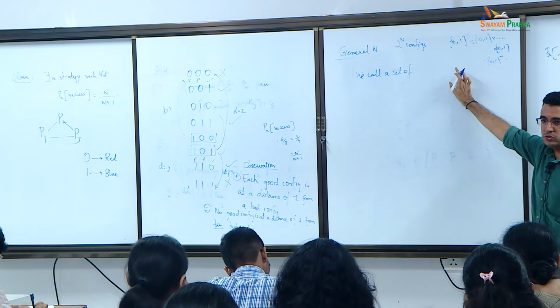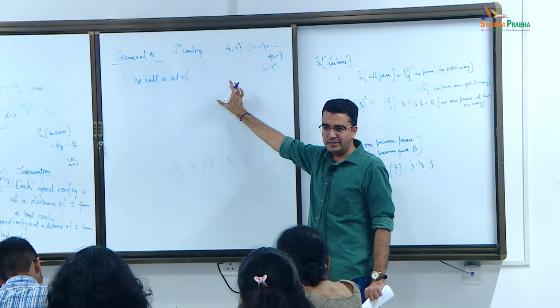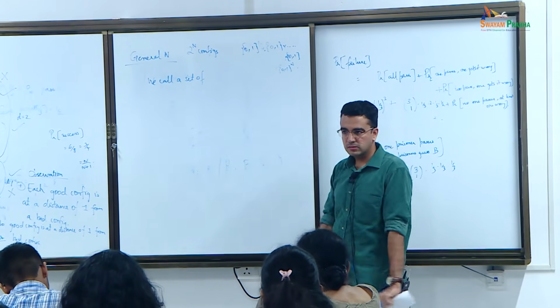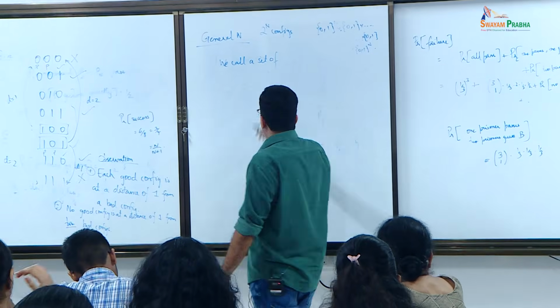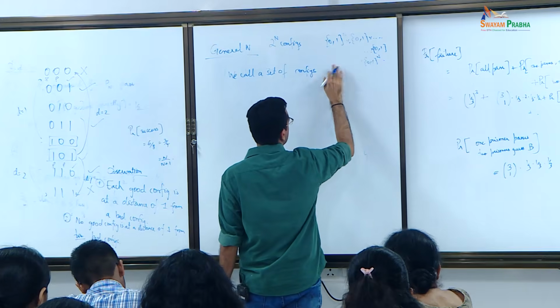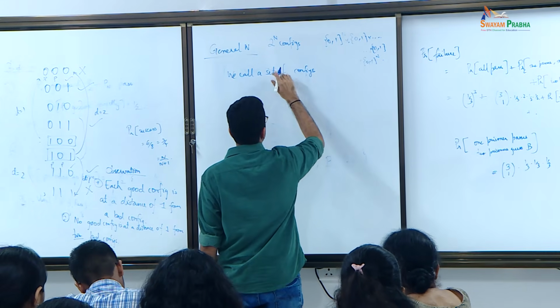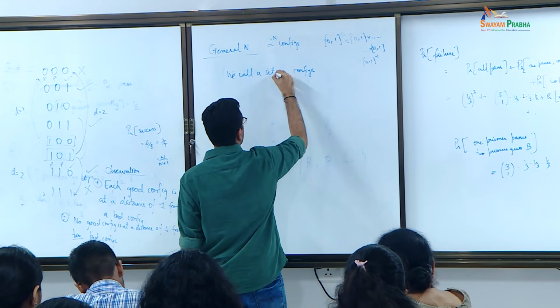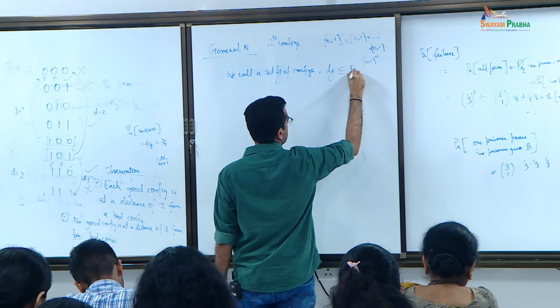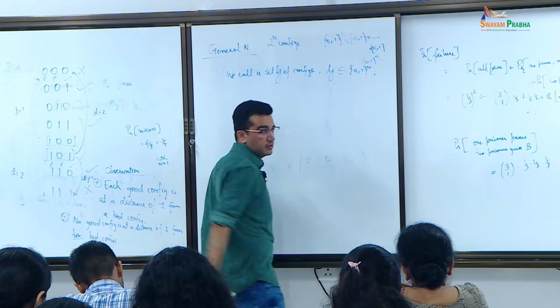And the point is we want to designate some set as good and the complement set as bad. Okay. So we call a set of configurations, let's call this set G of configurations. So G is a subset of 0, 1 to the n, right?